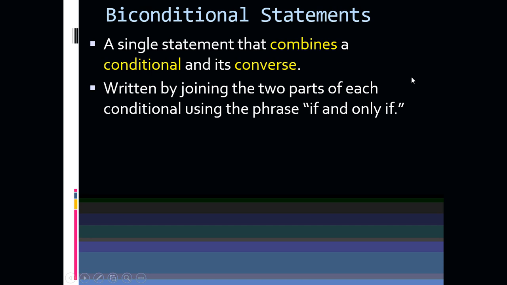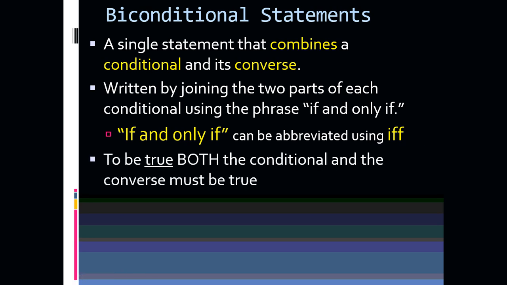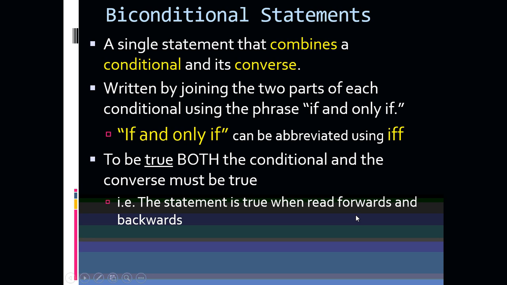It is written by joining the two parts of the conditional using the phrase "if and only if," which can be abbreviated as IFF. To be true, both the conditional and converse must be true. So they both have to be true. The statement is true when read forwards and backwards.